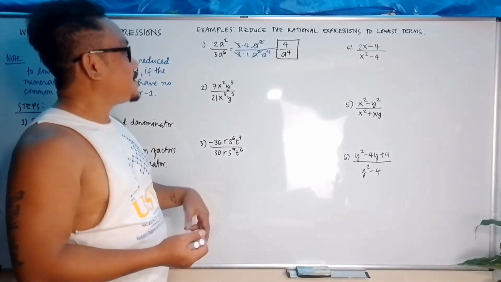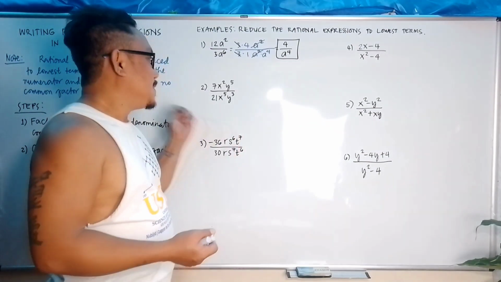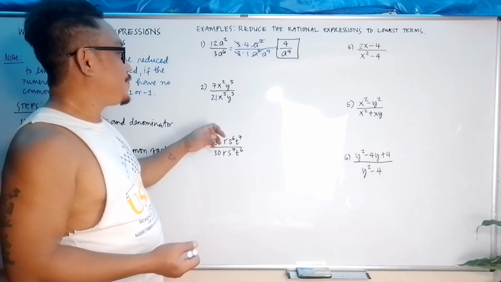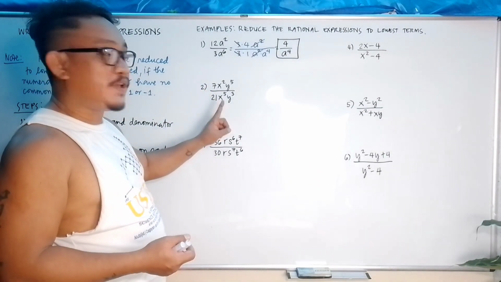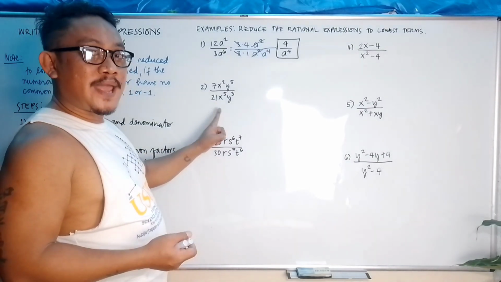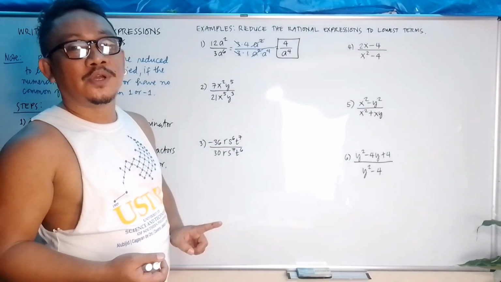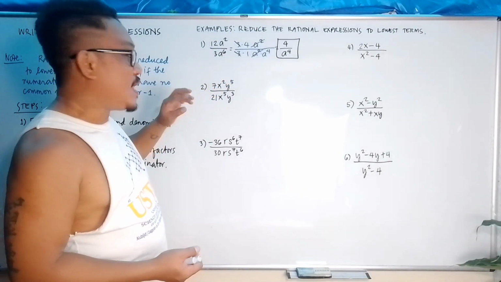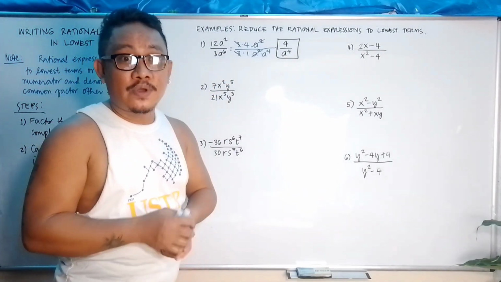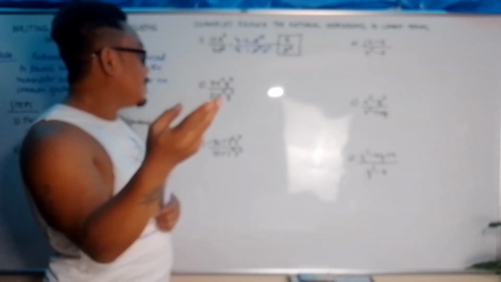Okay. Now, another example. Number 2. You are given 7x squared y to the 5th over 21x to the 5th y cubed. Okay. In our first example, we only had a variable a, while in number 2, we now have two variables, x and y.